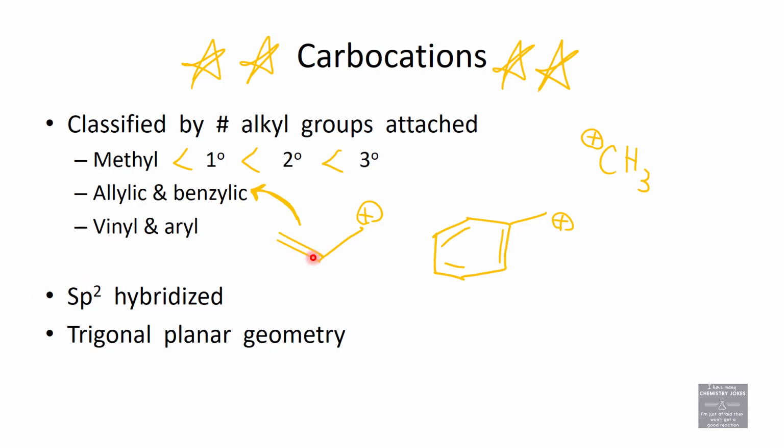This is an alkene, and here's a carbon connected to that alkene. If that carbon connected to the alkene has a positive, that's an allylic carbocation. Here's benzene. Here's a carbon that's directly connected to benzene. If that carbon has a carbocation, that's called a benzylic carbocation.